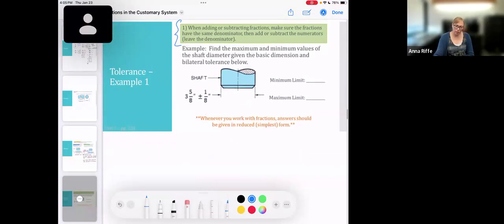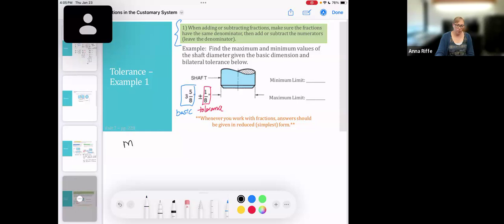For example, let's say I have a shaft and it has a basic dimension of 3 5/8. This is its basic dimension. And it has a tolerance of plus or minus 1/8 of an inch. This is the tolerance. We want to find the minimum limit and the maximum limit.